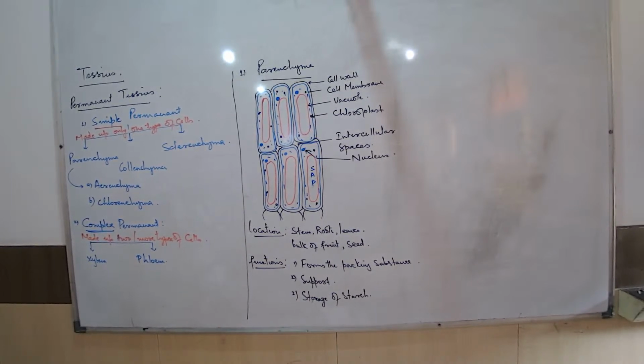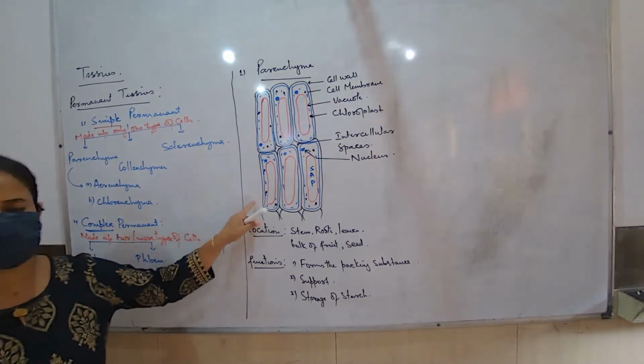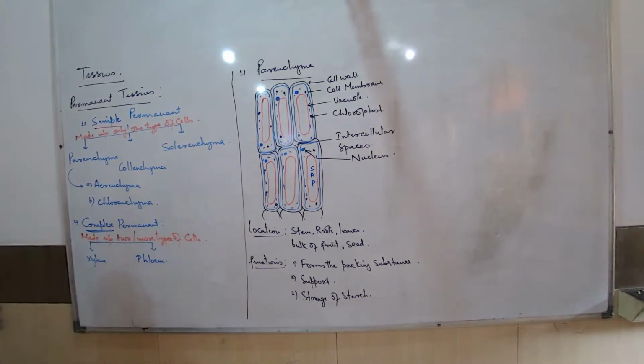Will this be the same? Now, if this is a leaf of a plant, something like the palm, the mango, or the coconut, and I compare the same part, the leaf of a mango and the leaf of a lotus, will the structure or the arrangement of the parenchyma cells be exactly the same?